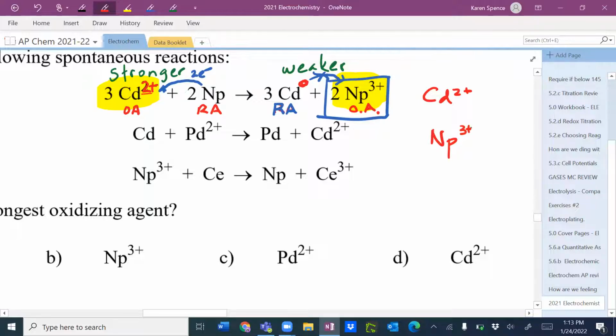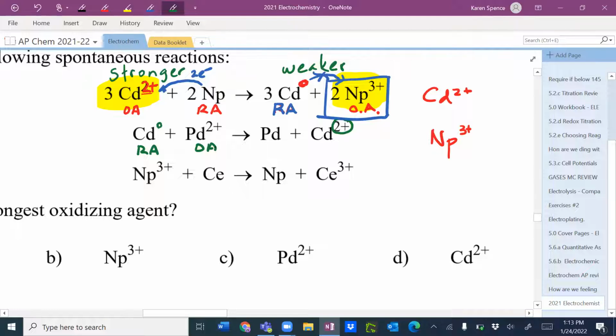Same logic. What we're going to do is we're going to identify our oxidizing agents and our reducing agents. So CD is going from 0 up to 2+ in our second reaction. So it has been oxidized. So it is the reducing agent, which means its partner must be the oxidizing agent.